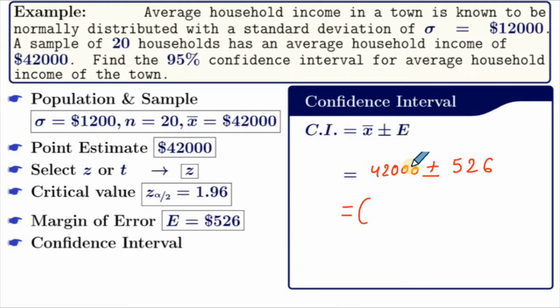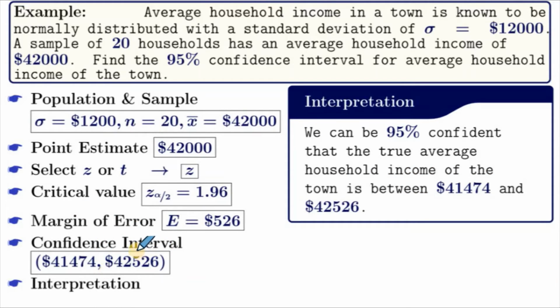The lower value is 42,000 minus 526, which is 41,474, and our upper value is this number plus this number, which is 42,526. Now let's interpret the confidence interval. So we can say that we can be 95% confident that the true average household income of the town is between this and this.